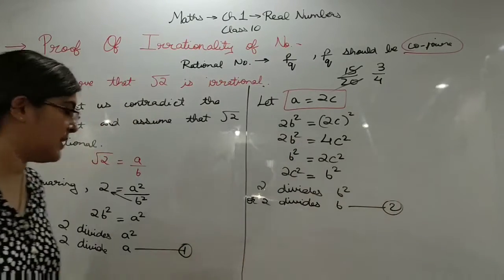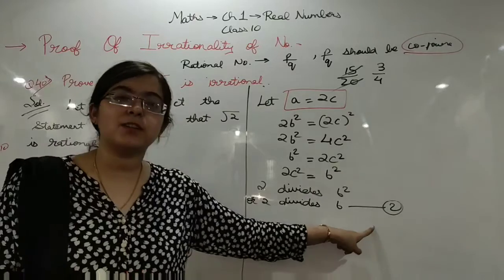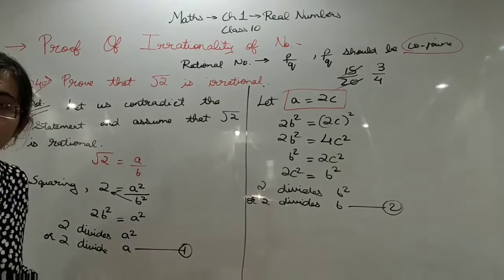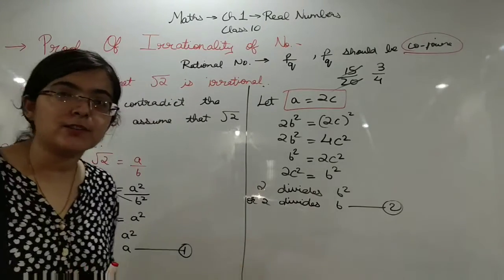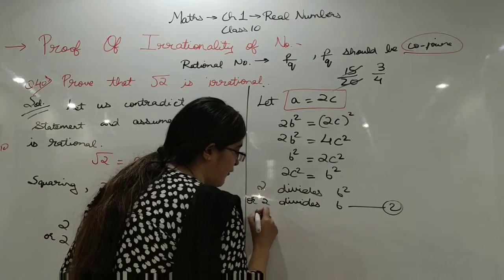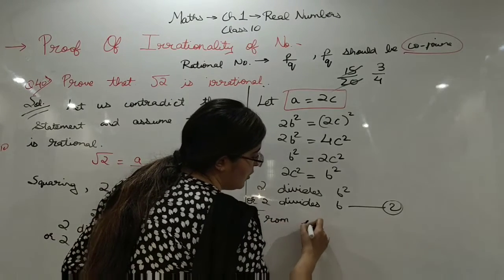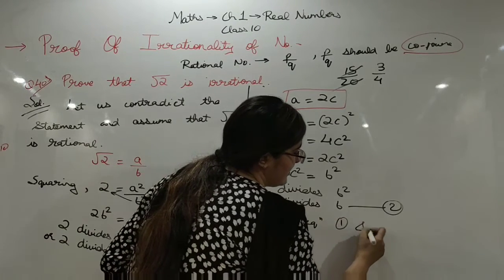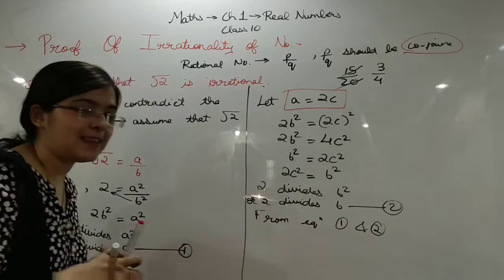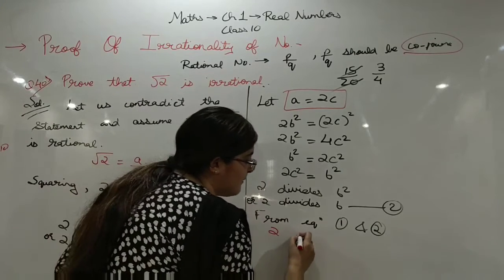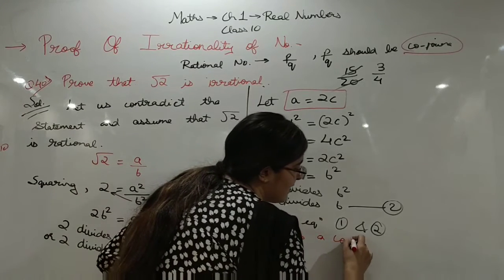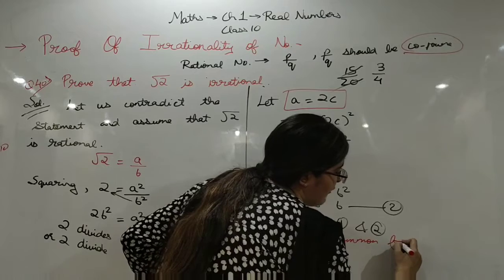Okay, now students see from equation 1 and 2, 2 divides a also and 2 divides b also. That means 2 is a common factor of a and b.